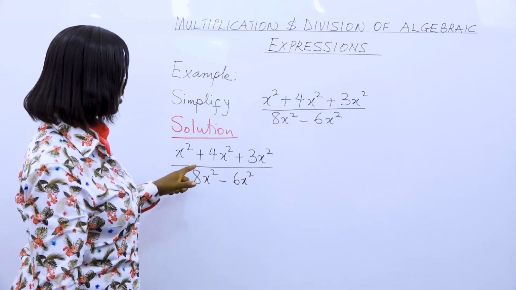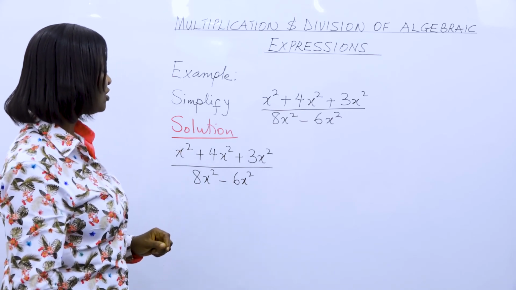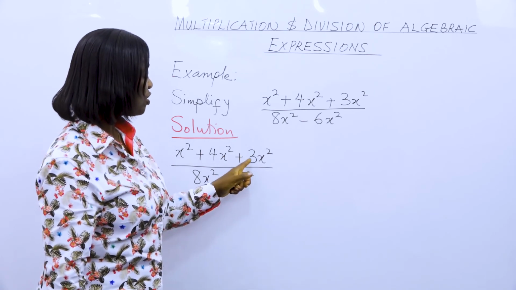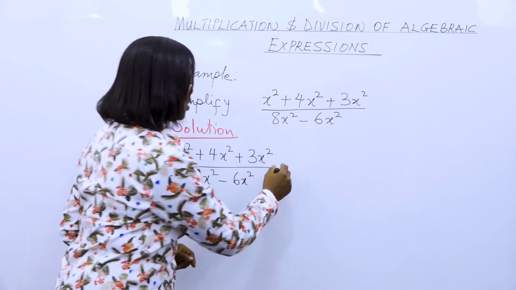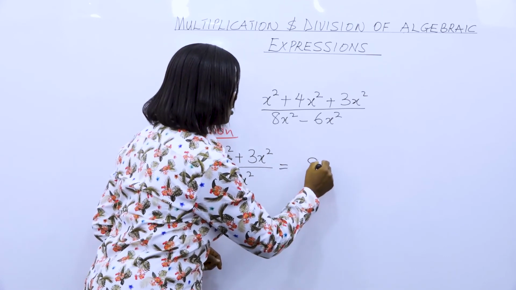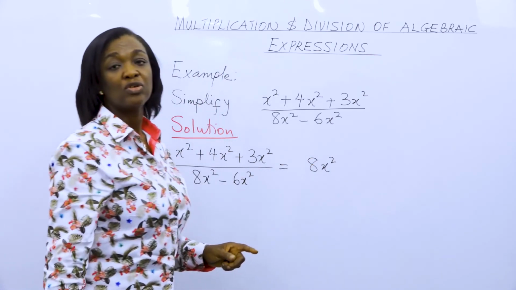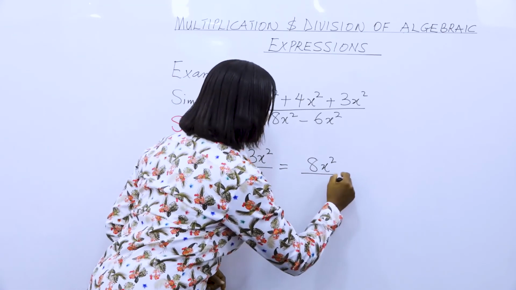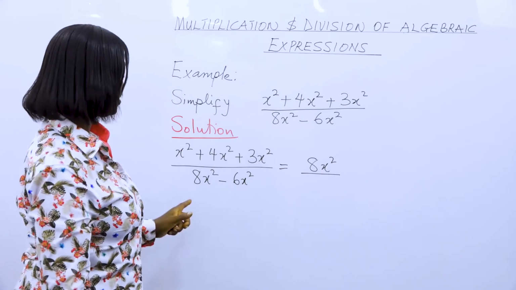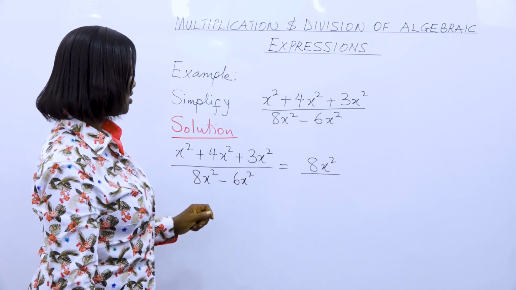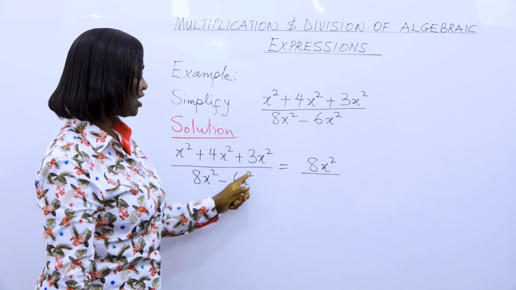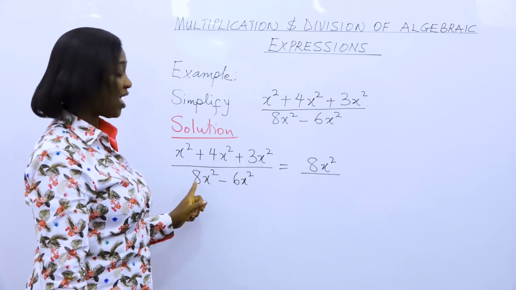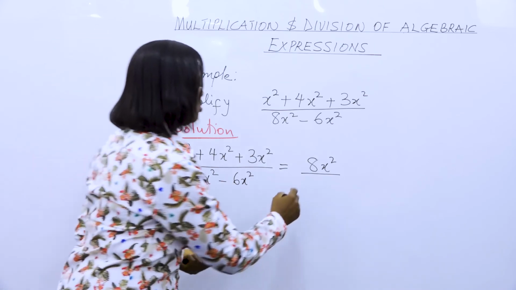So x squared plus 4x squared will give us 5x squared. 5x squared plus 3x squared will give us 8x squared. So our numerator simplifies to 8x squared, and the denominator is 8x squared minus 6x squared. They are like terms again. 8 minus 6 is 2.